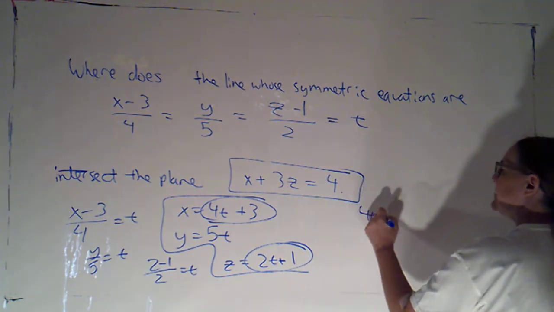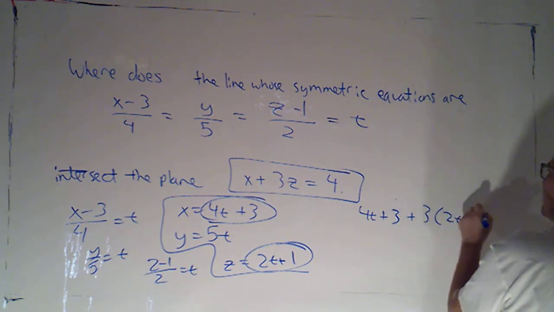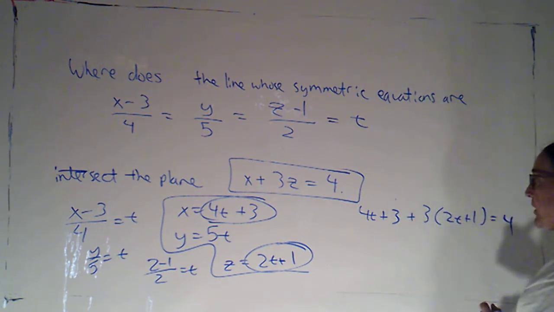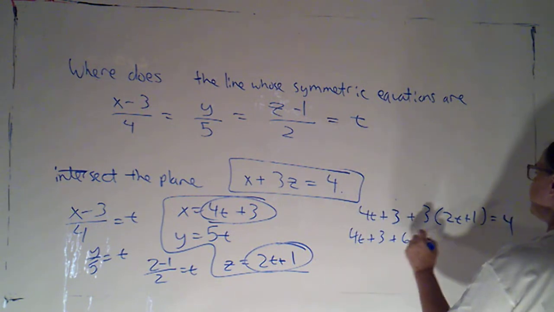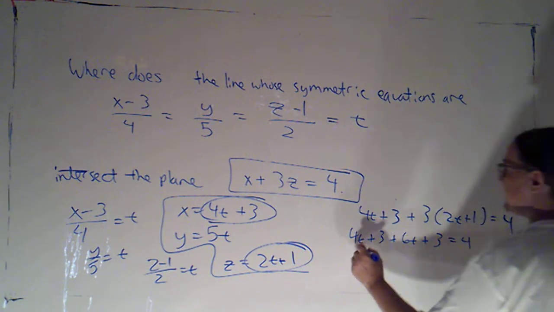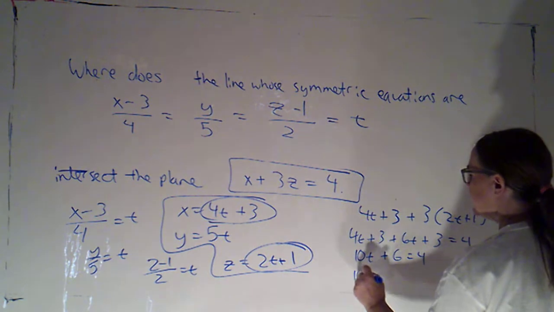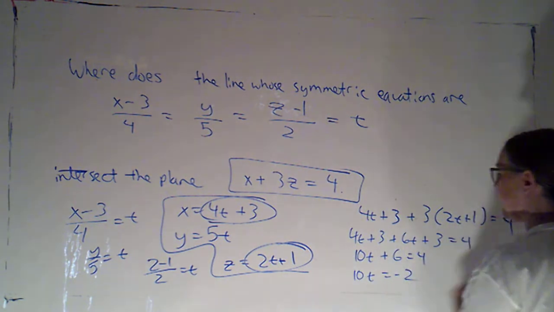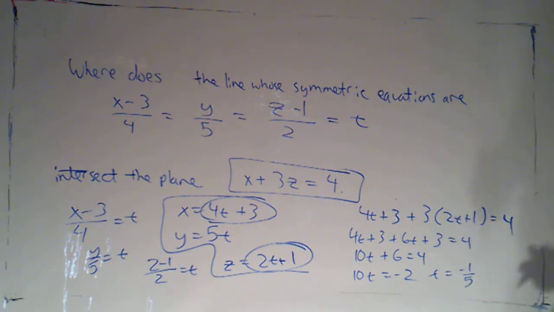So 4t plus 3 plus 3 times 2t plus 1 has to equal 4. So that's 4t plus 3 plus 6t plus 3 is equal to 4. 10t plus 6 equals 4. 10t equals negative 2. t is equal to negative 1/5.